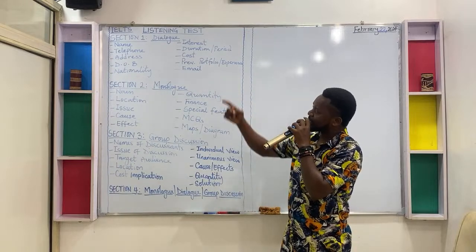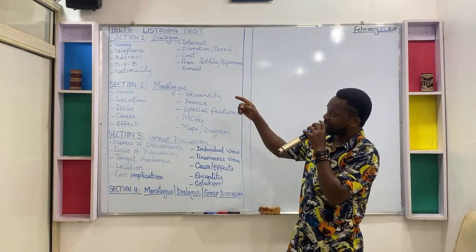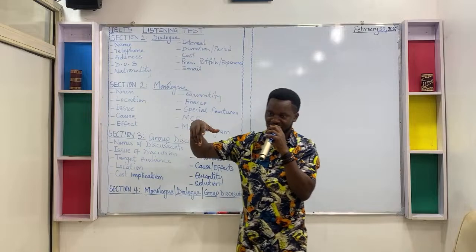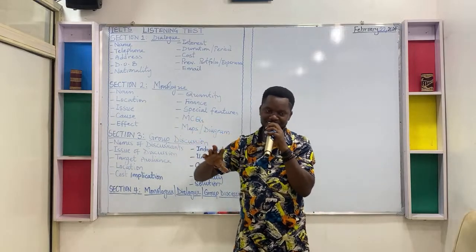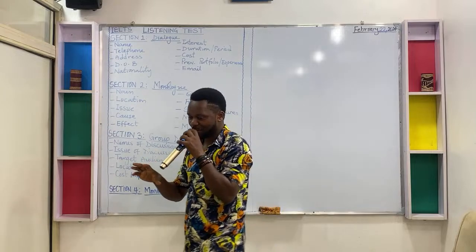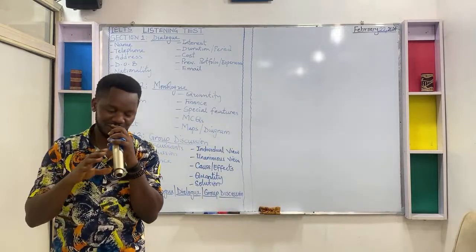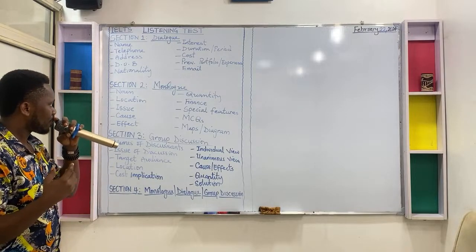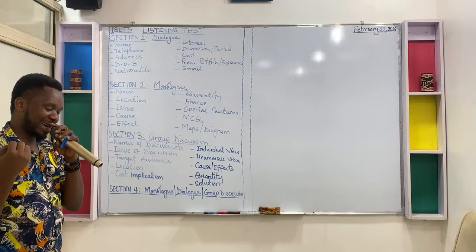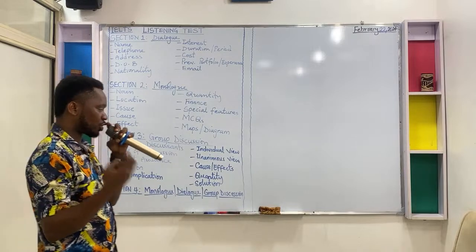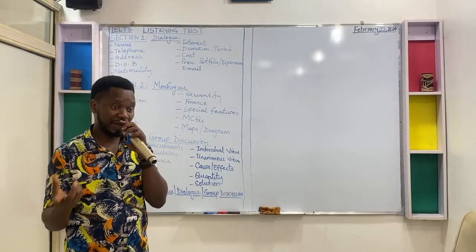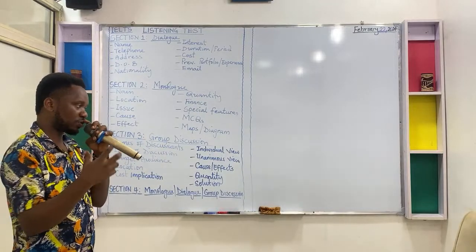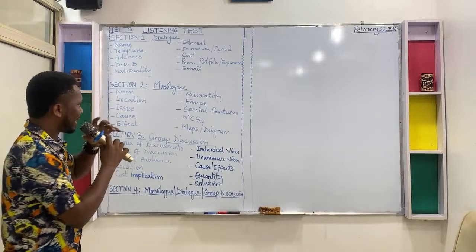Now, in the listening test, it is important to understand that sections 1 and 2 always treat societal issues. They are always talking about societal issues, either about accommodation or taking part in an excursion or taking up a voluntary job, or the person wants to know about travel schedule, or wants to find out about the cost of certain items, so it depends.